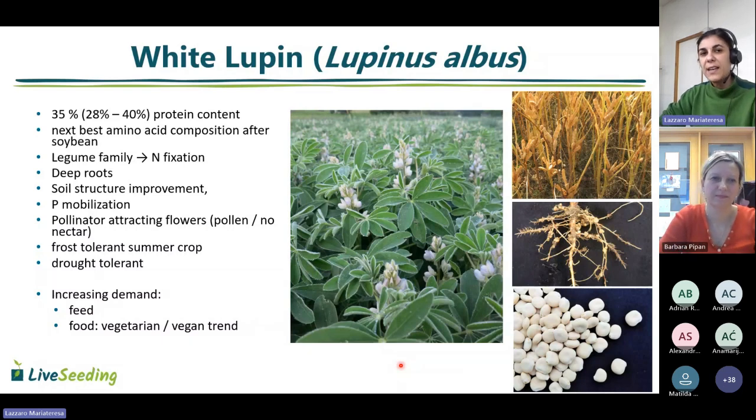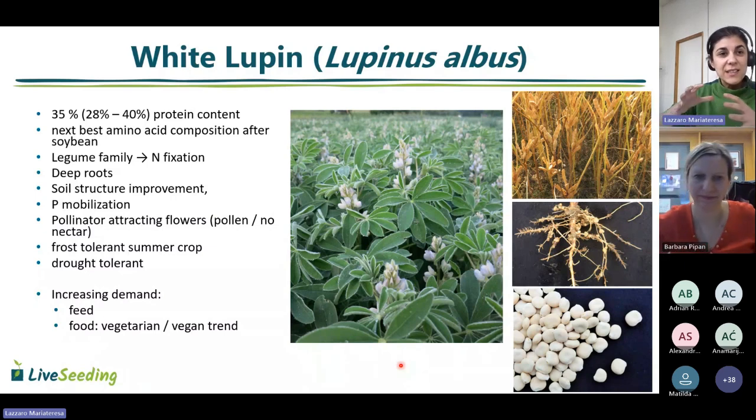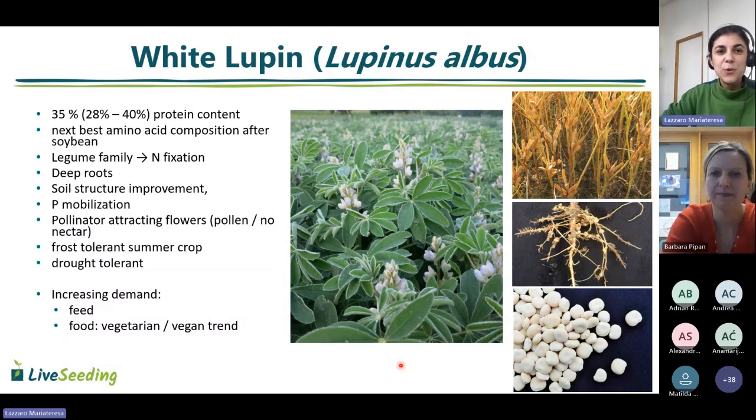It is an excellent nitrogen fixator. So while with the soybean, after a cycle, one might come to 0, with the lupin you definitely leave something and something consistent in the soil. It has very deep roots, which improve the soil structure.